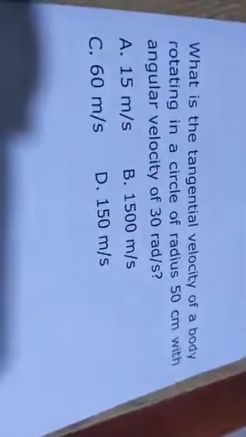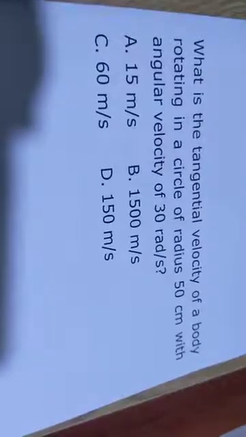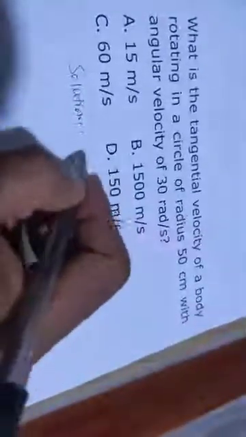Now let's see an example. What is the tangential velocity of a body rotating in a circle of radius 50 centimeters with an angular velocity of 30 rad per second? As we go through the solution, we defined earlier omega is equal to v over r, and v is equal to omega times r.